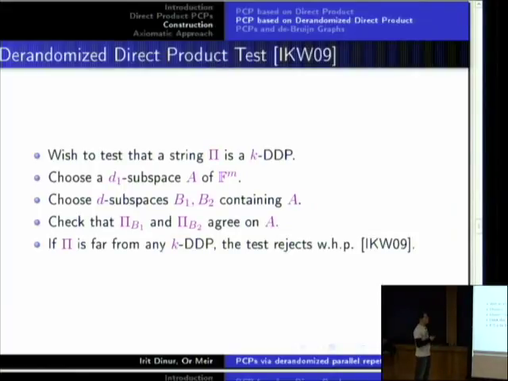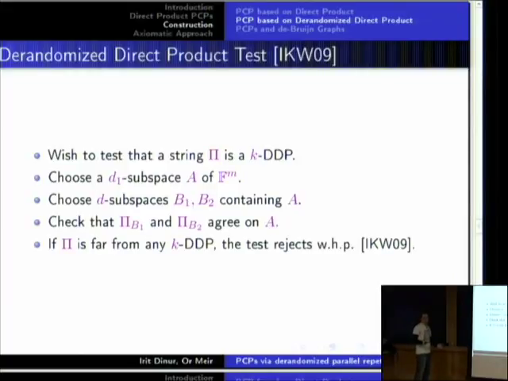And we check that the answers we get are consistent on the intersection subspace. One of the results of IKW said that if the proof string is far from any randomized direct product, then the test rejects with high probability.